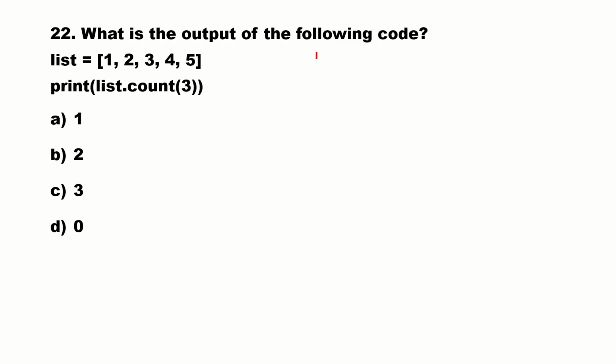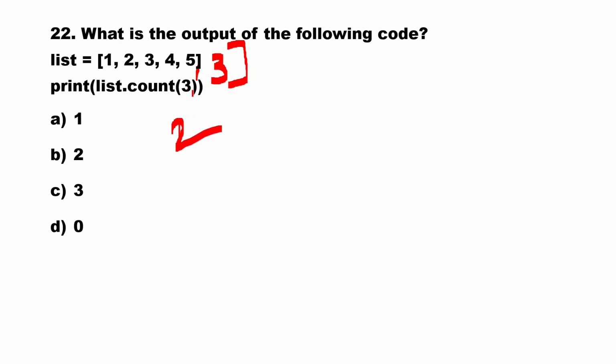What is the output of the following code? Here the list is given and you want the count of 3. The count method returns the count of the item that you passed as an argument. So how many times is 3 counted? Only one time. Suppose this is the list and 3 is there again. Then 3 is repeated 2 times, so it will be 2.